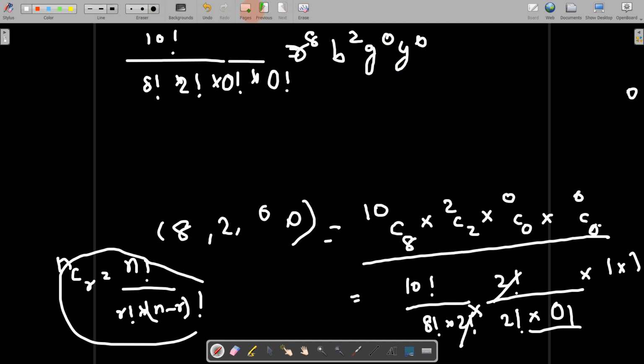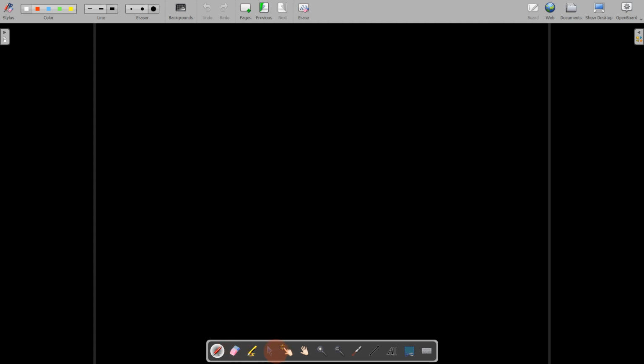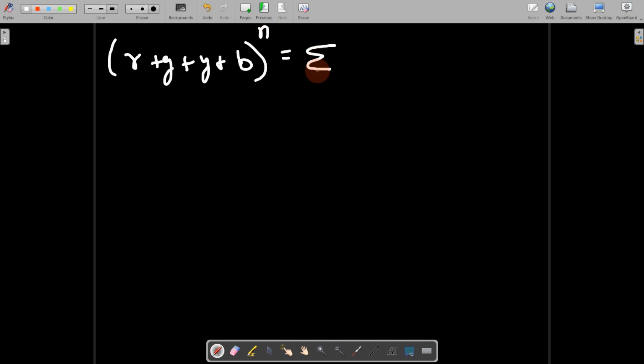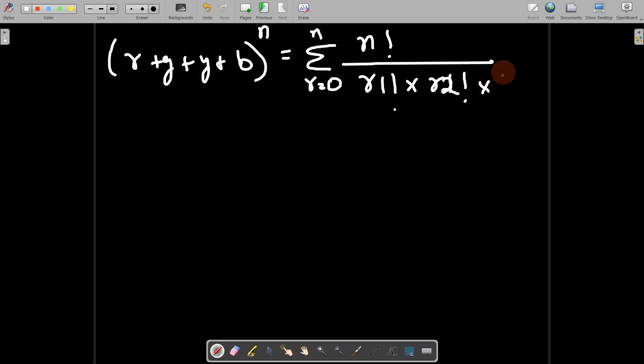So in general, what we can write is the general expansion for (red plus green plus yellow plus blue) power n would be the summation, R equals 0 to n, of n factorial by, if the red house has R1 of the students, they choose the red house, then R1 factorial, then for the remaining, the green house, suppose R2 out of the remaining n minus R1 students choose the green house, so into R2 factorial, into R3 factorial.